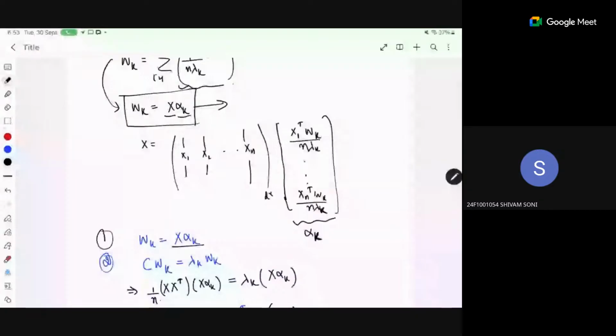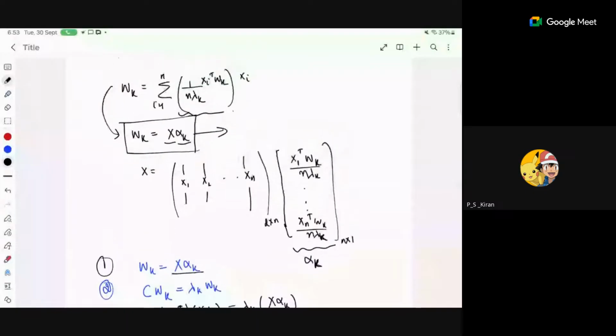This is your D cross N, and this is your N cross 1. I thought alpha k is each component, xi transpose WK. No, no, it's a vector. Alpha k is a vector.